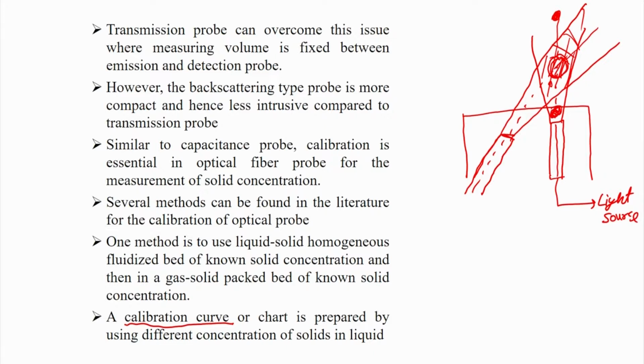You can do one calibration in pure air, and one in the packed bed. If it is a gas-solid system, or a gas-liquid system, you should go for pure air, pure liquid, and different gas fractions. So, maintaining such conditions, the different gas fraction or different solid fraction, is itself a challenge, and that is the major limitation of this optical fiber probe.